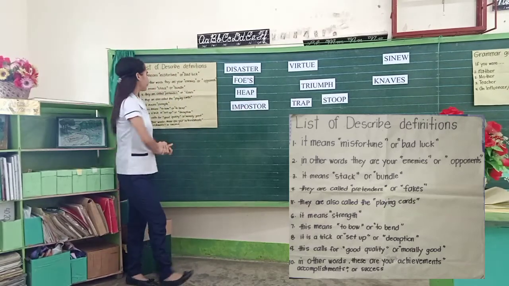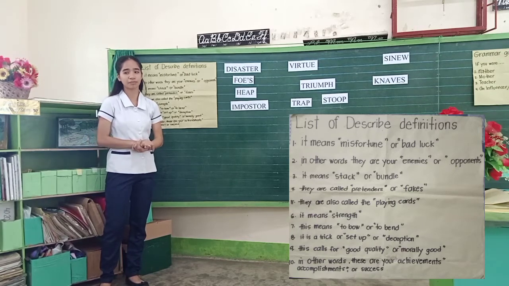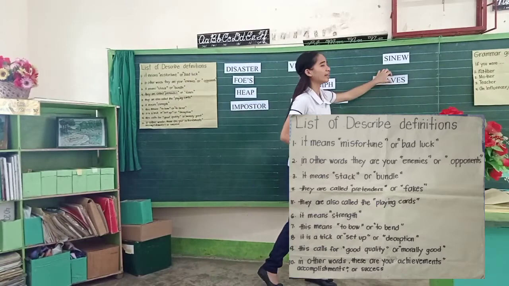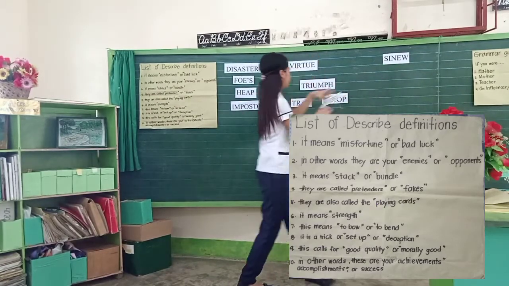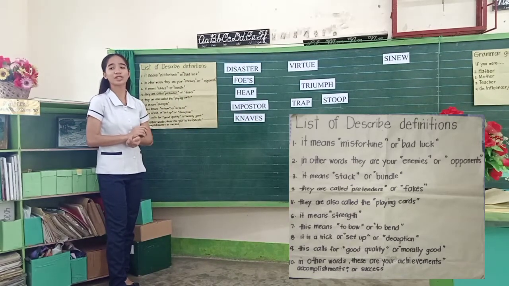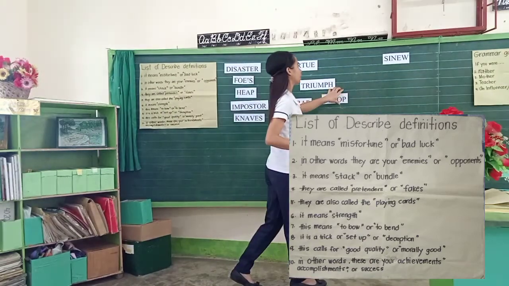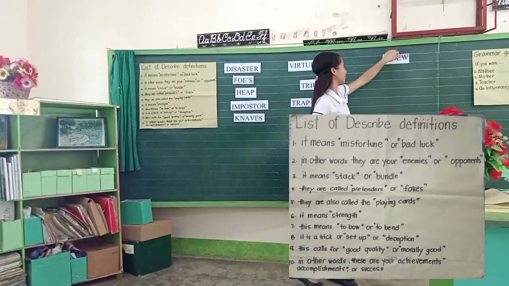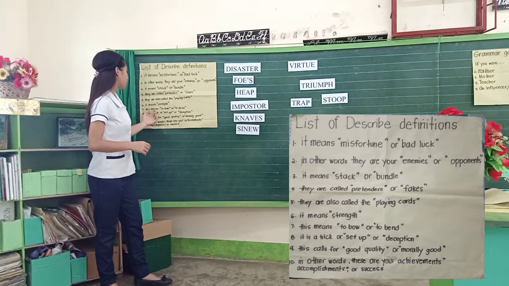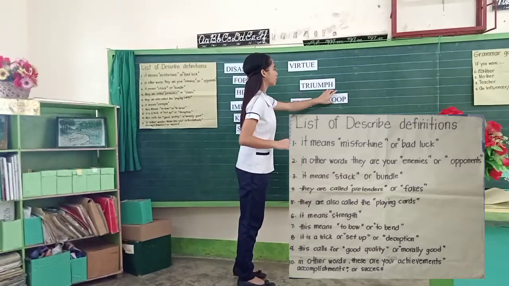And number 5, they are also called the playing cards. Group 1. Okay, it is knaves. And number 6, it means strength. Yes, group 2. Okay, it is sinew. Okay, right. And for number 7, this means to bow or to bend. Yes, you're right, group 3. It is stoop.